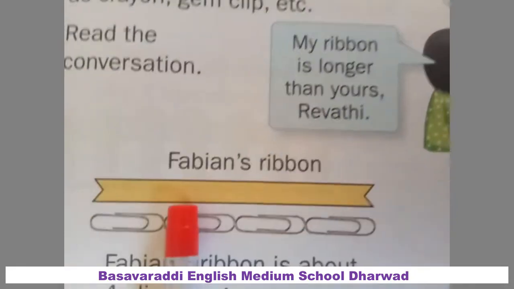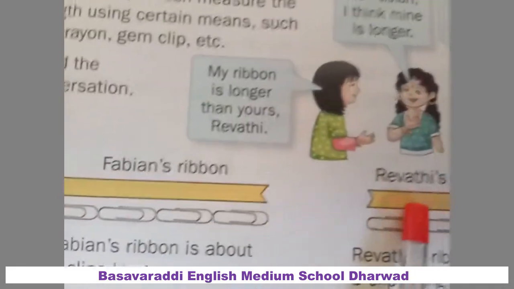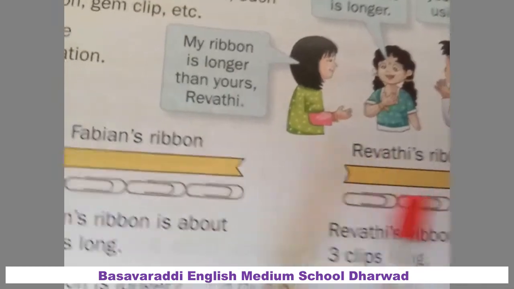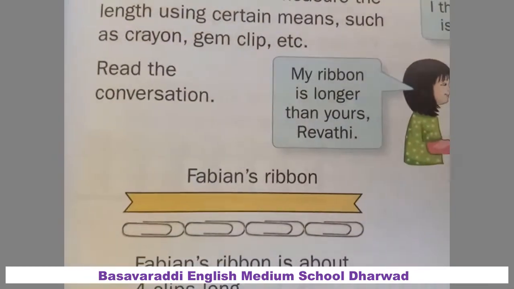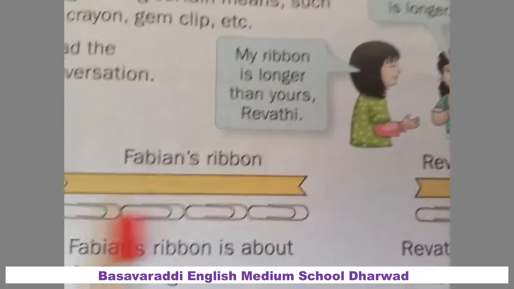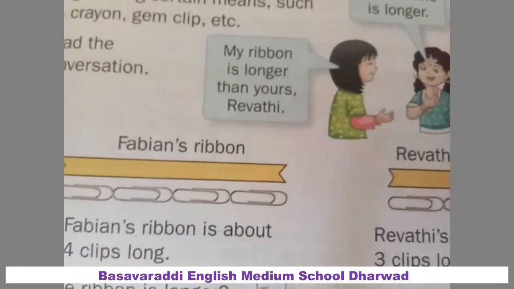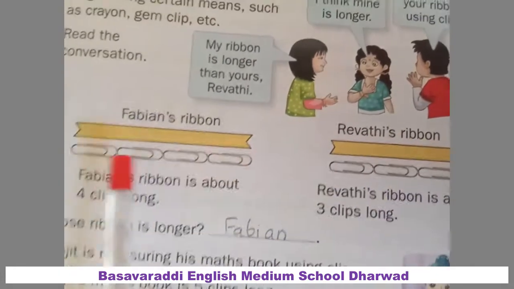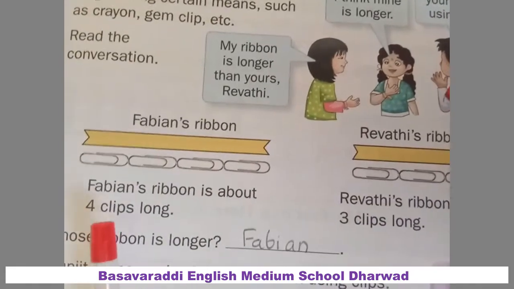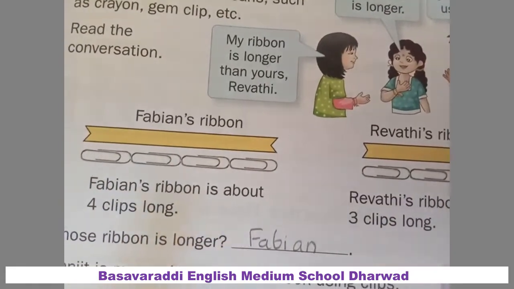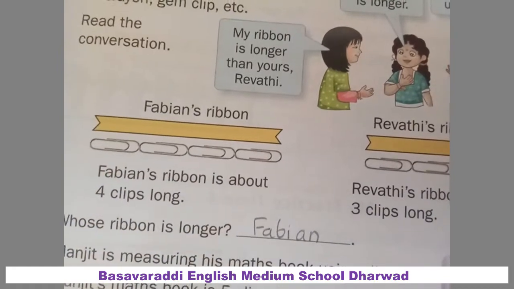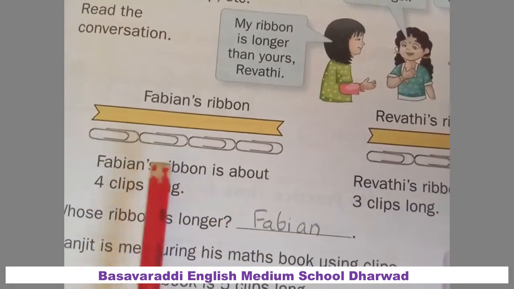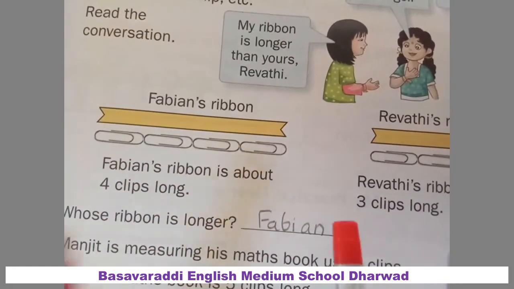Here is Febina's ribbon and here is Revati's ribbon. Let us see, Sakshi. The ribbons are here, Febina's and Revati's. Okay, using the clips, let us count. Febina's clips: 1, 2, 3, 4. 4 clips.